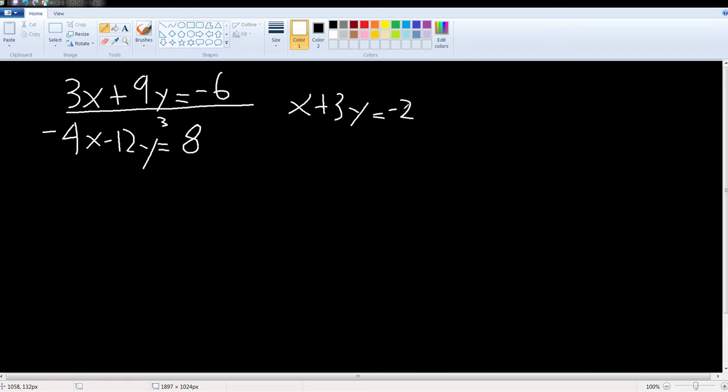And how are we able to do this? Well, if you think about equations, the left side is equal to the right side. So as long as we do something to both sides, the scale is technically still even. That's what equations are.